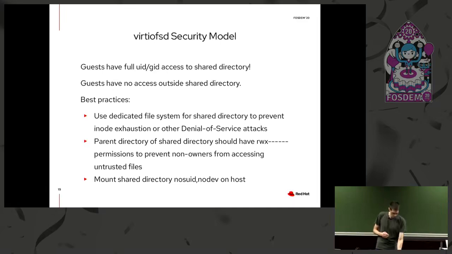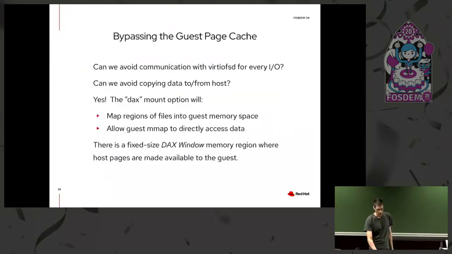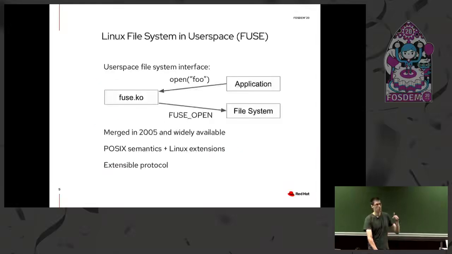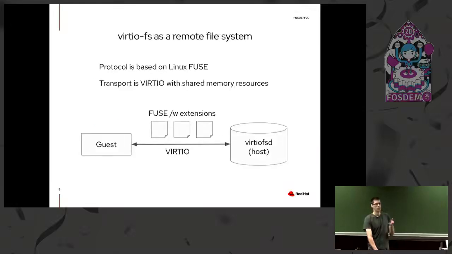One more? How do you deal with unlinked but still-used files? Because you have file handles, so if you open a file in /tmp or something, delete it, and you try to use it, it should work. Yeah, that's right. So, as I mentioned, the FUSE protocol is designed for that. Sorry, so the question was, what happens when a file is opened and then unlinked, and then that file descriptor continues to be used?